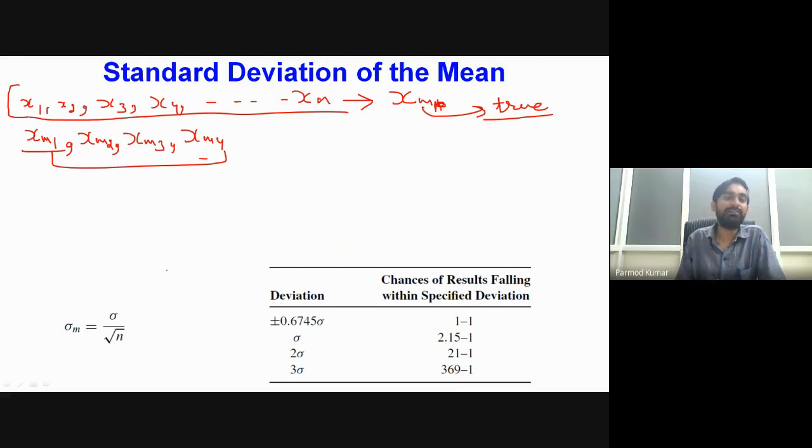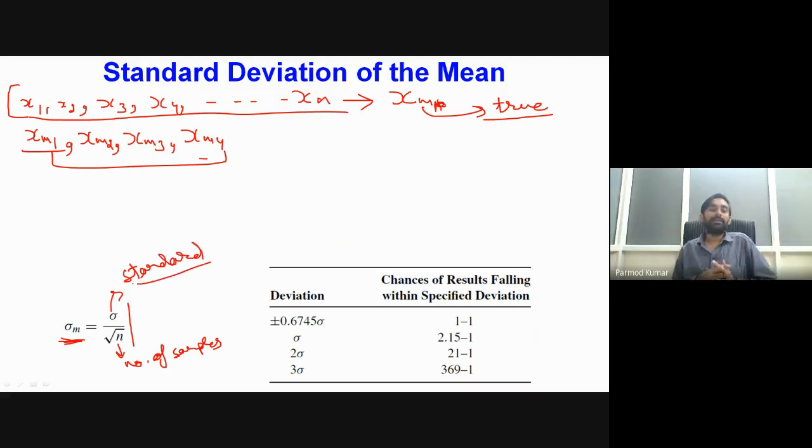calculations to these values, ultimately we find the standard deviation of the mean, sigma m, as nothing but sigma divided by square root of n, where n represents the number of samples and sigma represents the standard deviation of each sample.